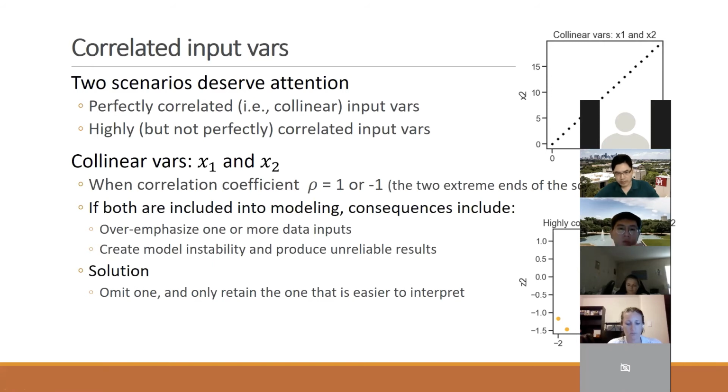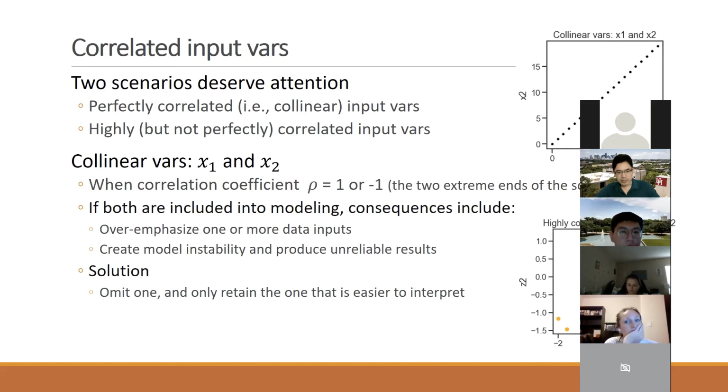Sometimes the model seems to be doing well, but the two variables are kind of taking away the other less important variables in terms of the parameter improvement.